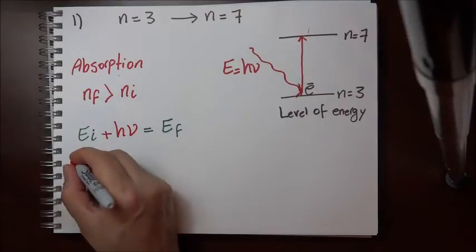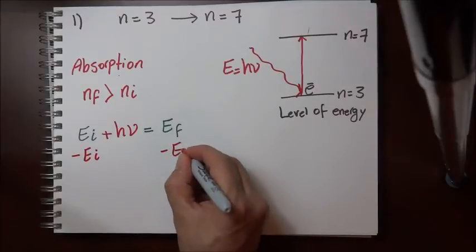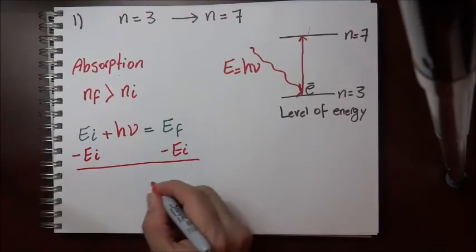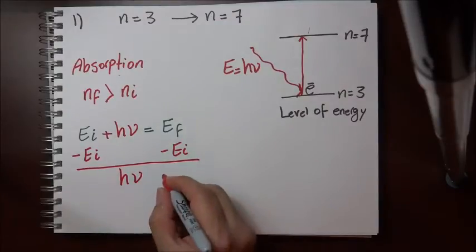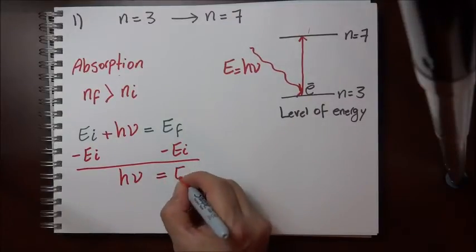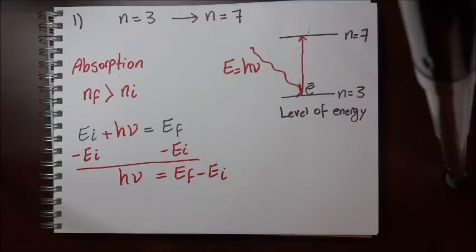If I subtract E initial from both sides, I will get h nu equal to E final minus E initial, or final energy minus initial energy.